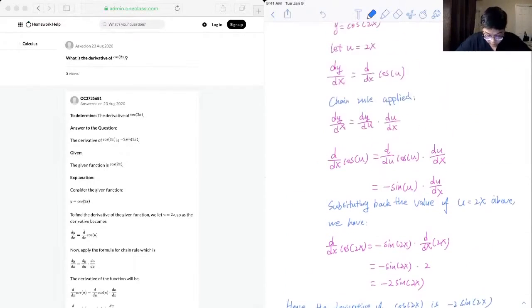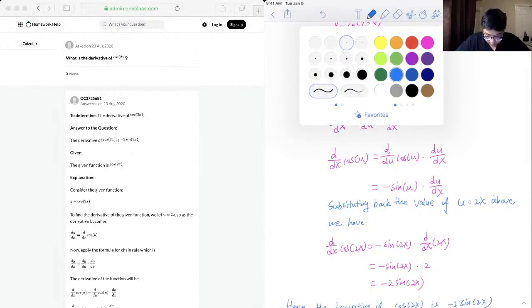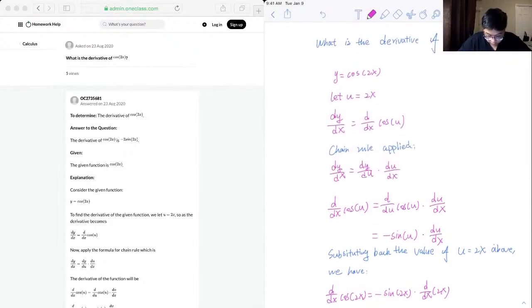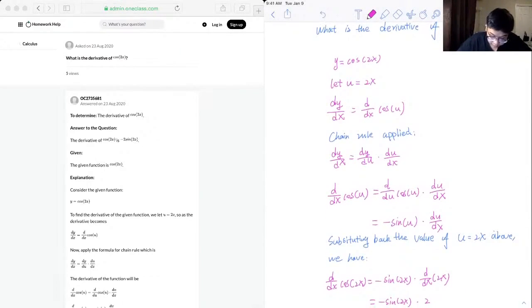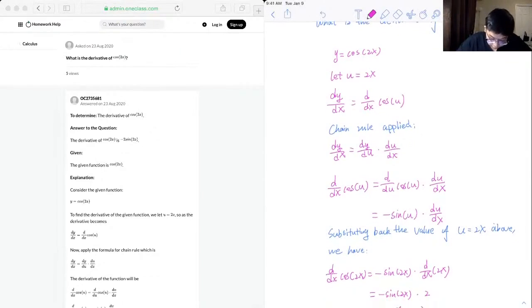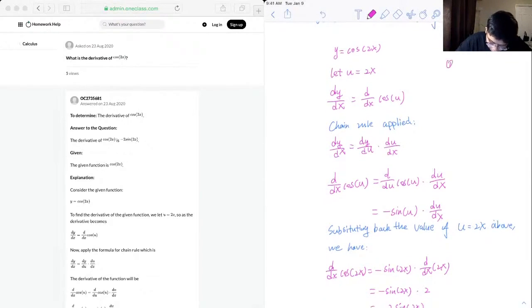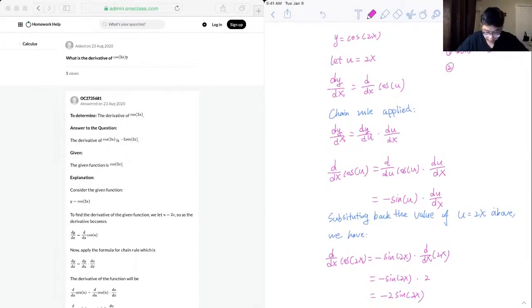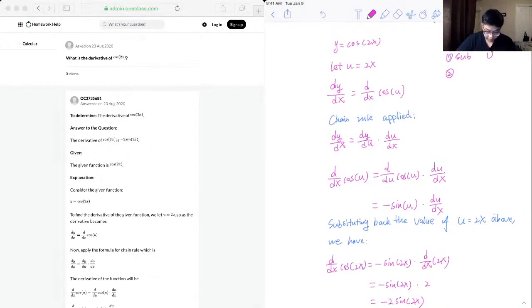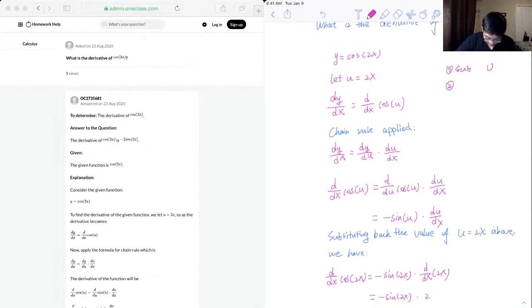So, a couple of things I want to highlight in this question: first, we need to do this by substituting u, and also don't forget to substitute back the value, because we only want the variables in our final answer instead of u.